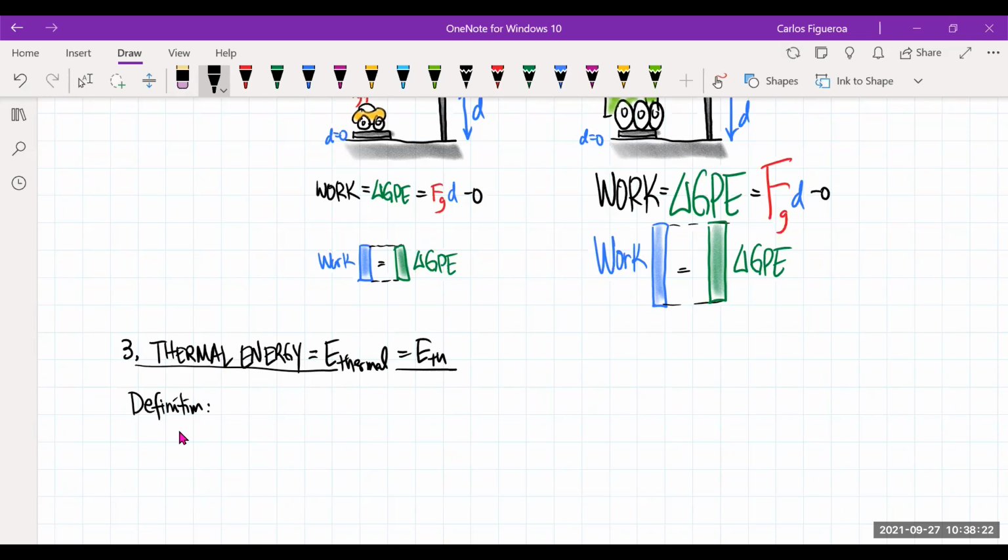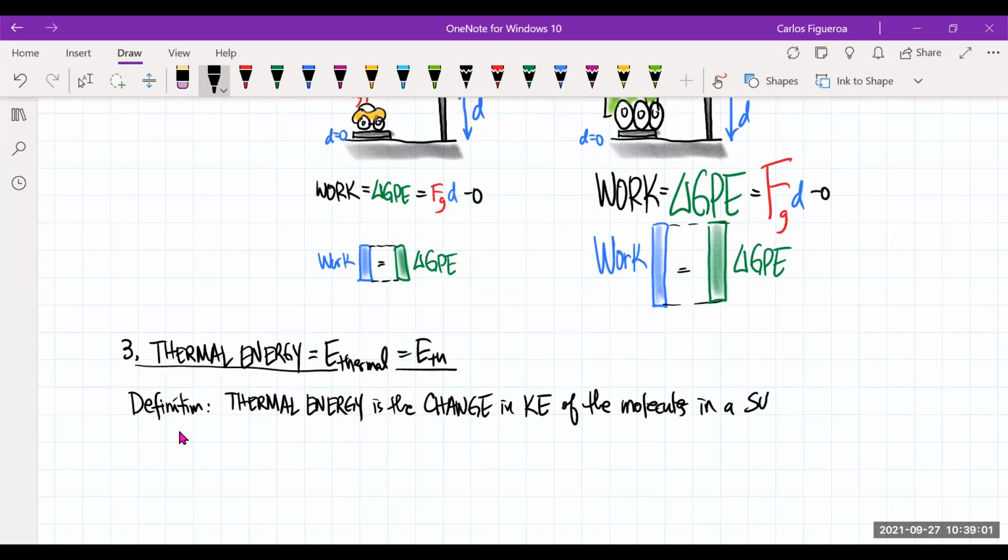So what is thermal energy? Thermal energy is the change in kinetic energy of the molecules in a surface.